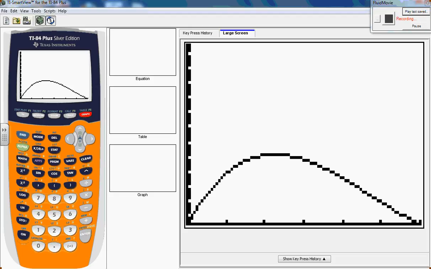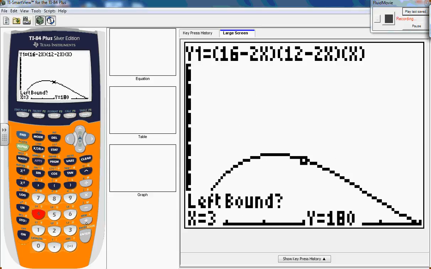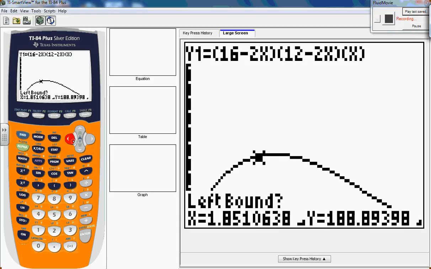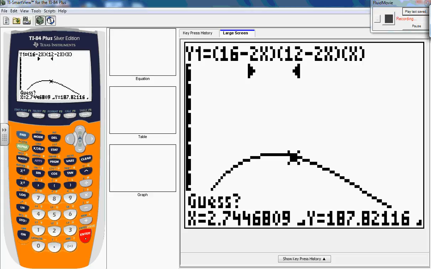And it says we want to find the maximum volume. So we go to second, calc, maximum, left bound. We need to get to the left of that max. And there we are on the left. Enter. Right bound. Let's get back to the right. Should be okay there.